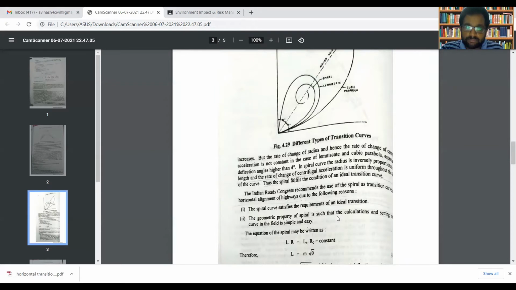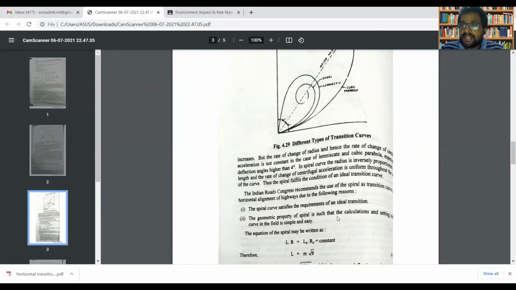Next one is the geometric property of spiral. You know that if a curve is introduced, there will be a lot of calculations, and it also needs to be set out in the field, right? Besides doing paperwork or design geometrical exercises, you have to be able to set out this curve on the field.